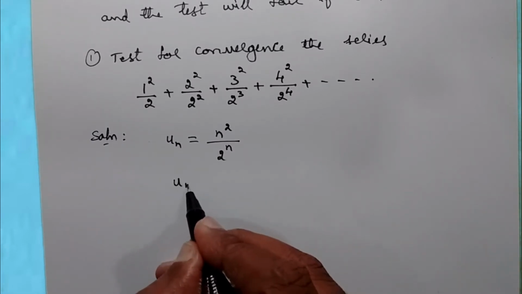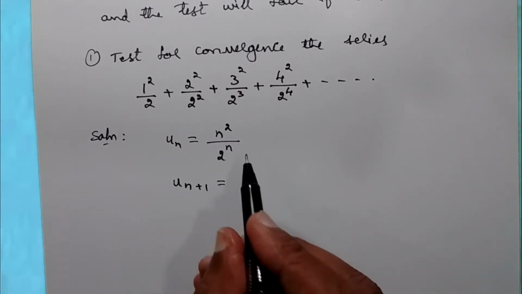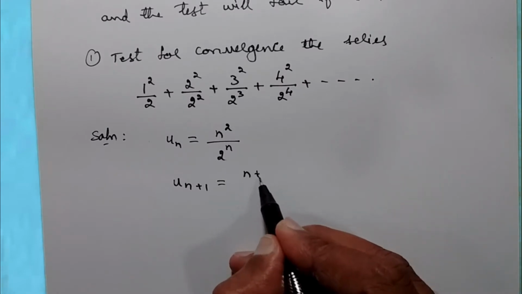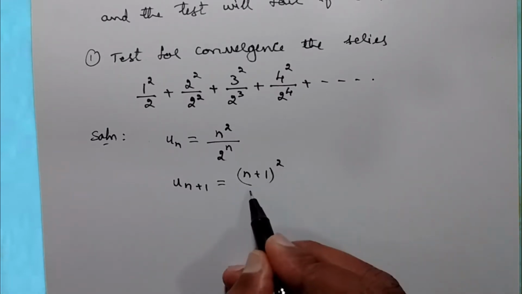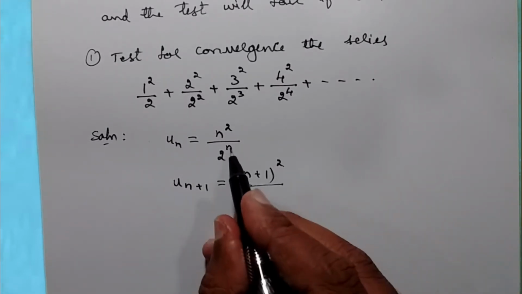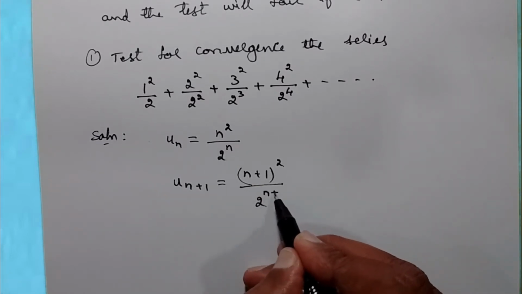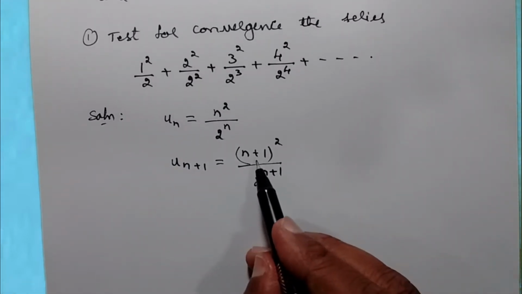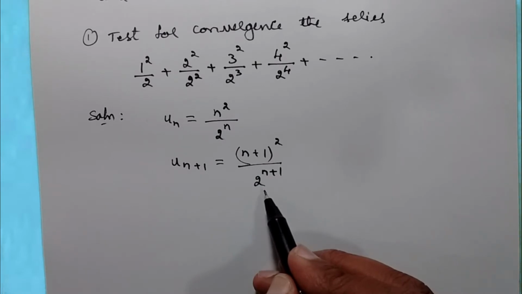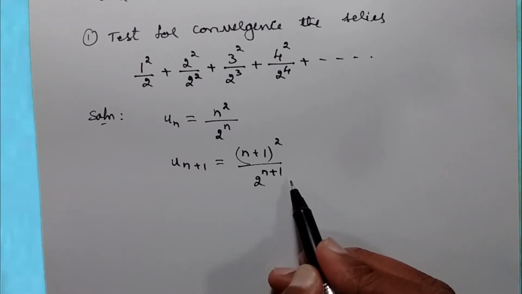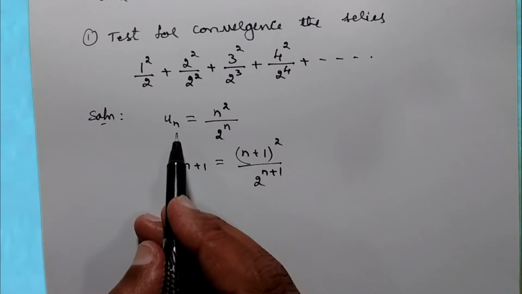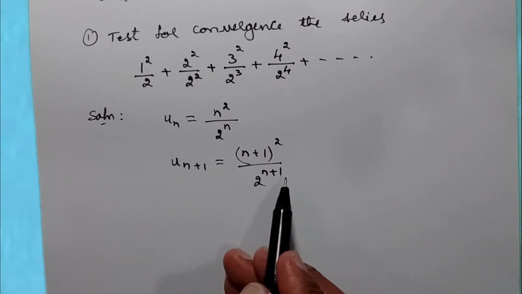So I'll be getting un plus 1 is equal to n plus 1 whole square divided by 2 power of n plus 1. Alright, just putting the value of n as n plus 1.